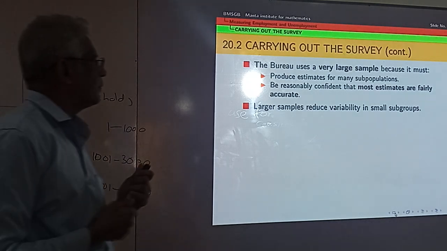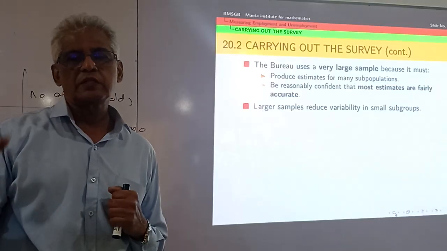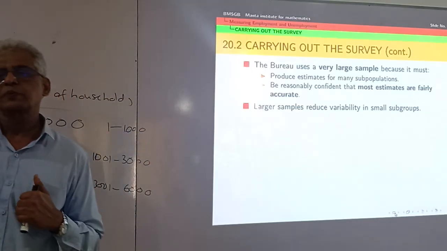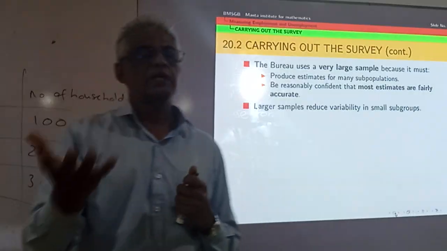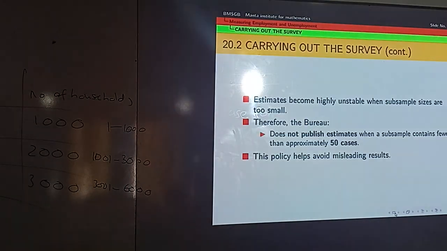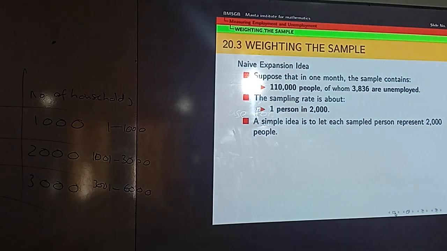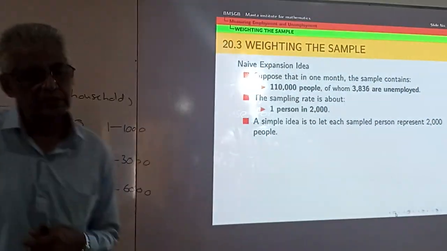But if there is some subgroup where the number of observations is less than 50, usually they don't publish that information because it's very inaccurate. So they do not publish estimates when the subsample contains fewer than 50 observations. Okay, so that's how they plan and carry it out.